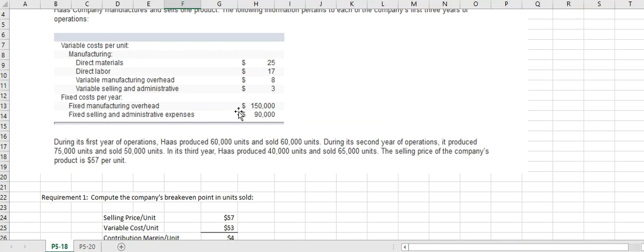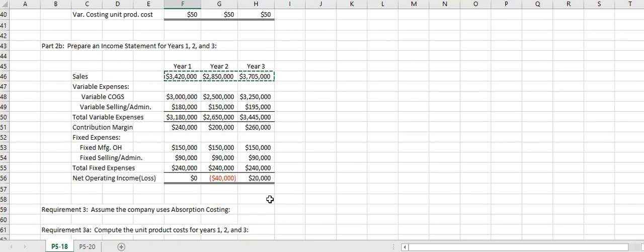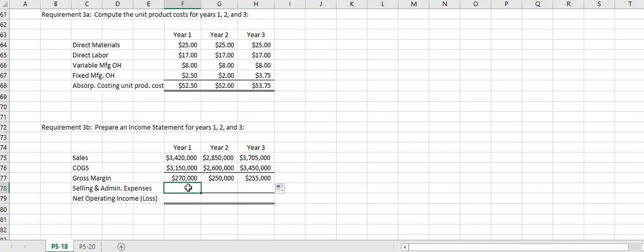We have two categories, the fixed and the variable. So we're going to take the $90,000 in fixed selling and administrative expenses, plus we have $3 for each item we produced in variable.